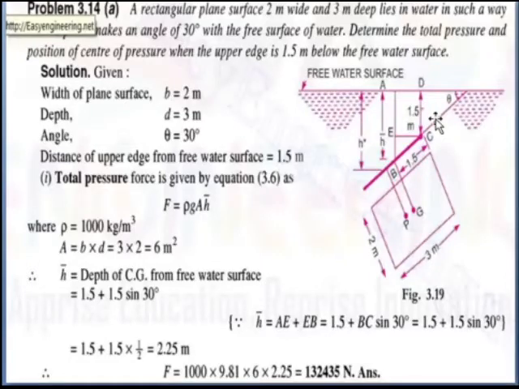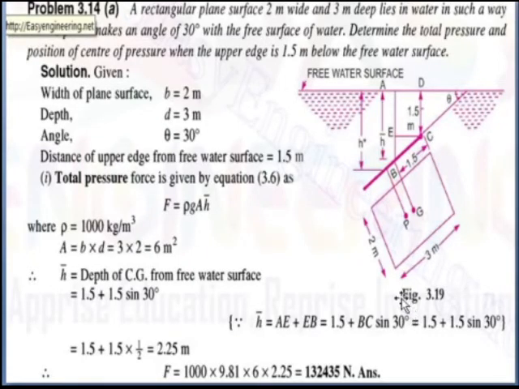Then we have to calculate the total pressure. The formula for total pressure is F equal to rho g A h bar. Since it is water, the density of water is 1000 kilogram per meter cube. Then we have to calculate the area.